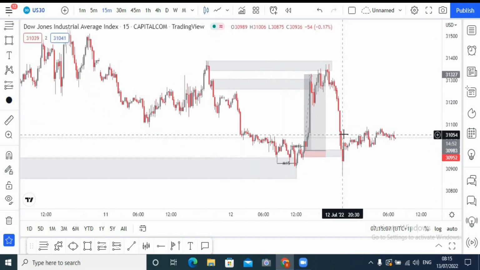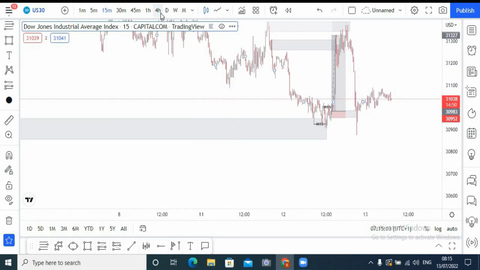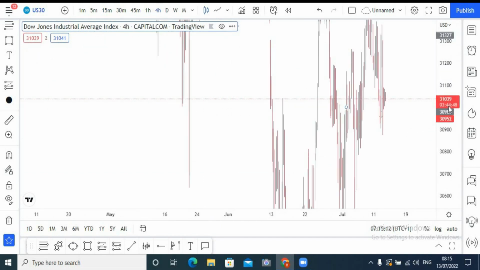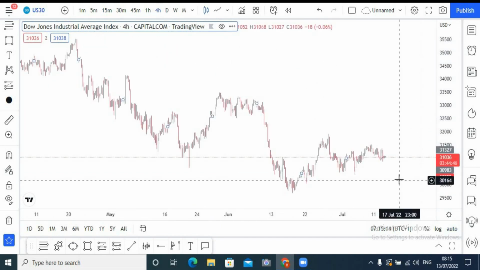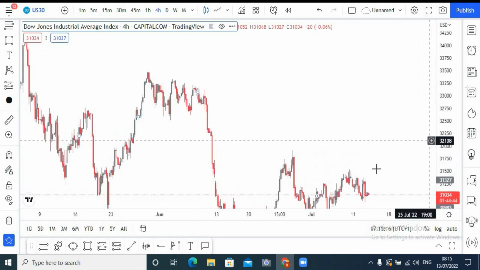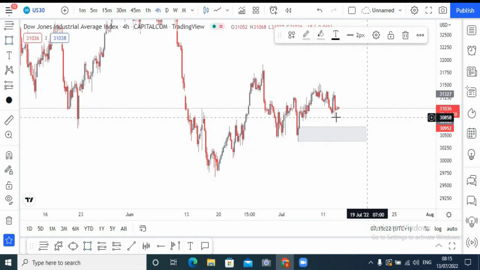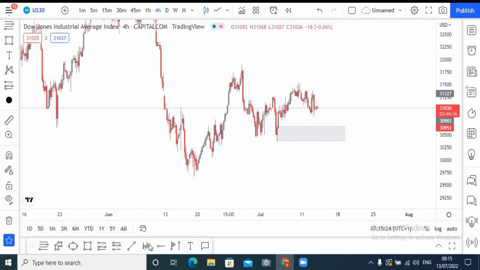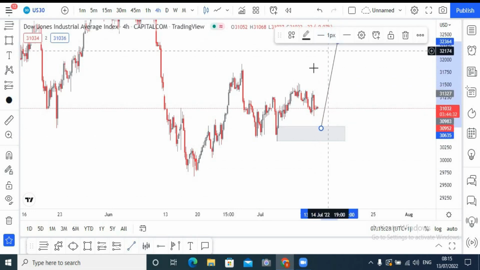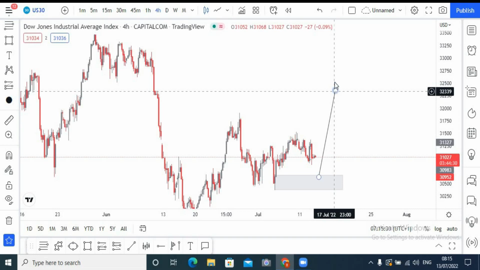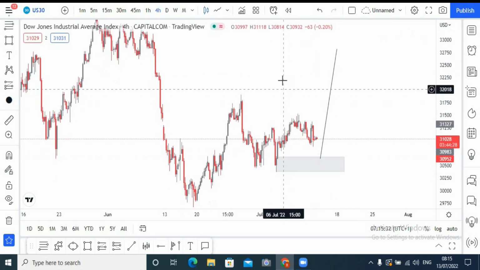So this is what I do, guys. Same thing on this one. We are still looking forward to see what the price will do to these order blocks right there. Maybe we'll manage to catch our buys until this level.